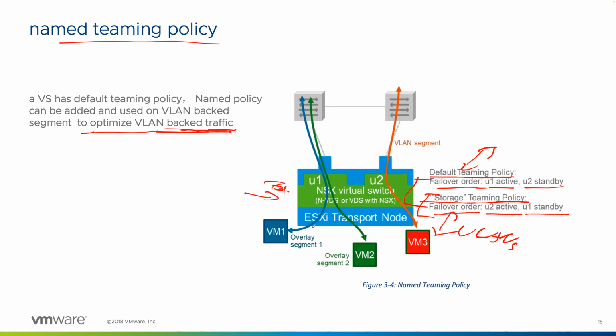So for example, imagine that here we are illustrating that we have overlay segment, overlay traffic, which is following the default teaming policy, and the red traffic, this one, follows this storage teaming policy.